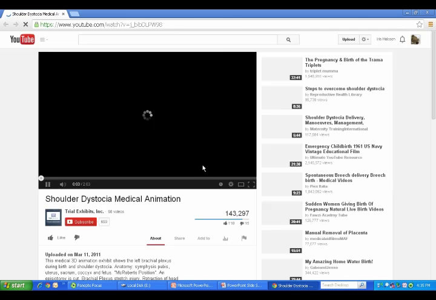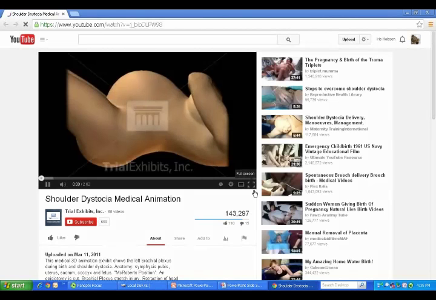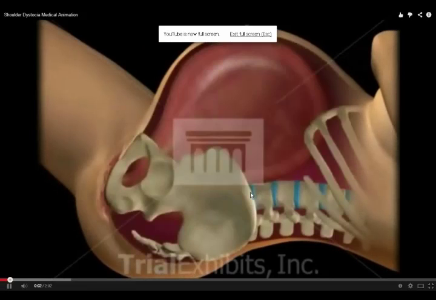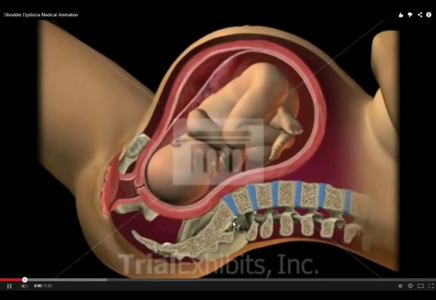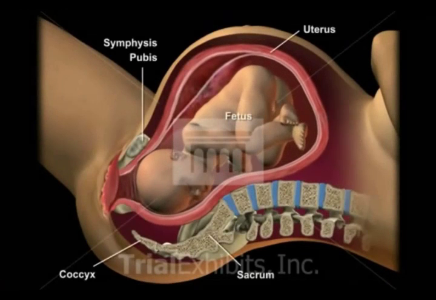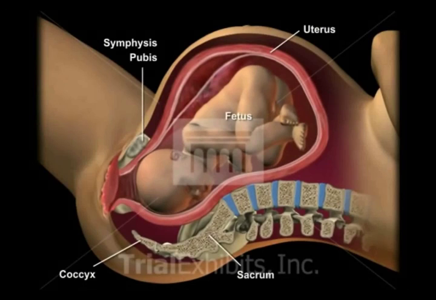Let's see this. Here's a review of shoulder dystocia. These are our landmarks.